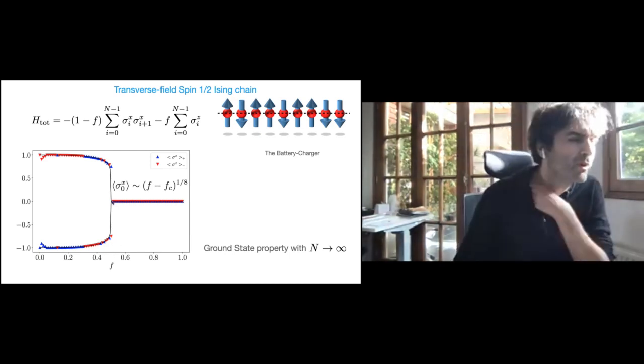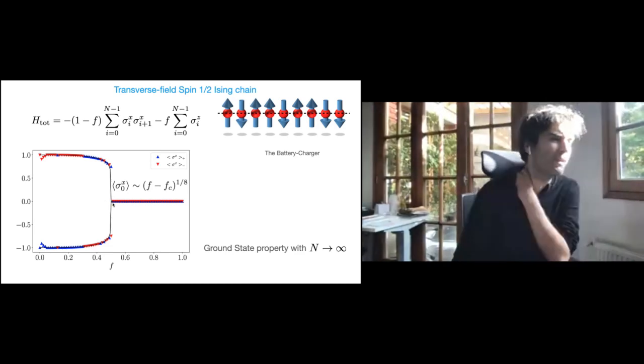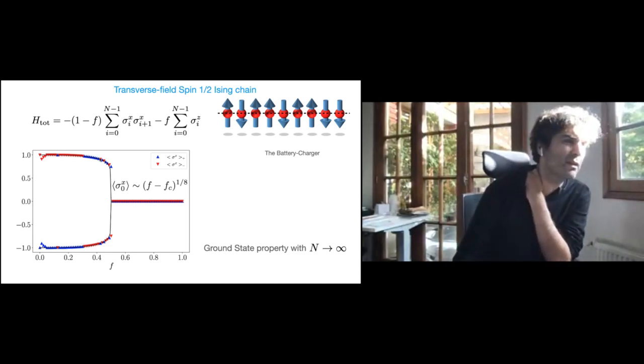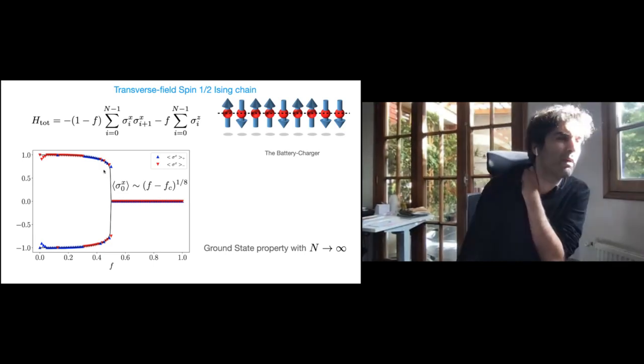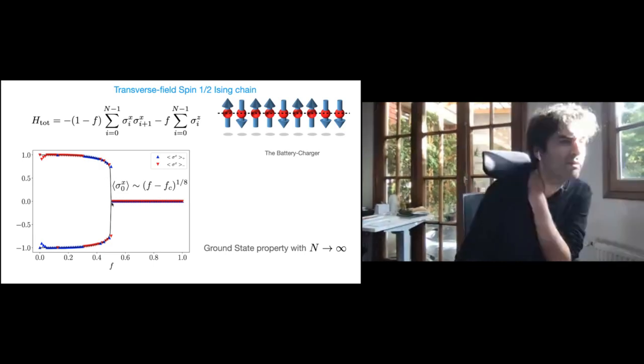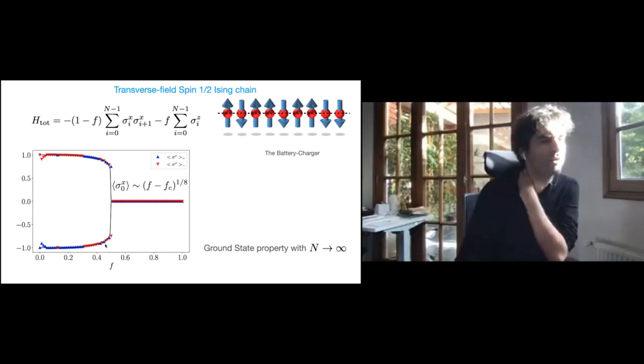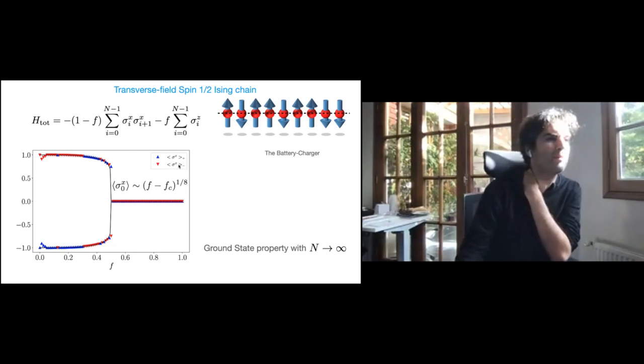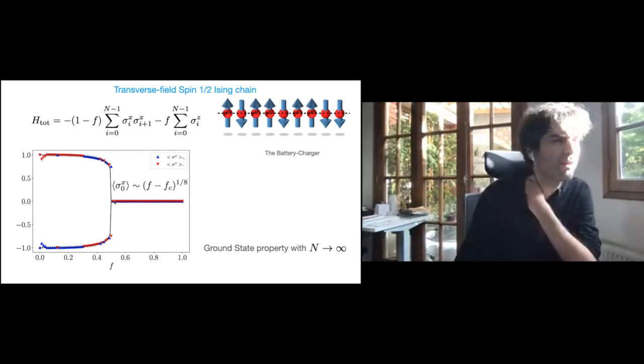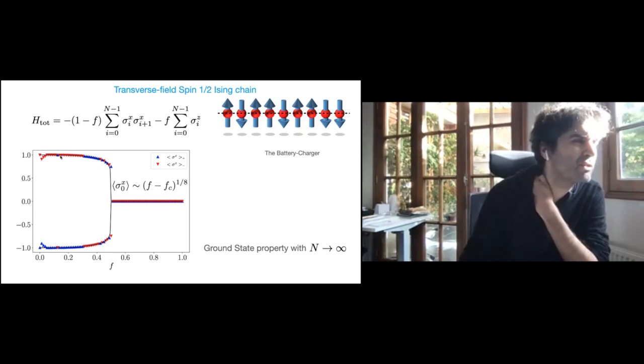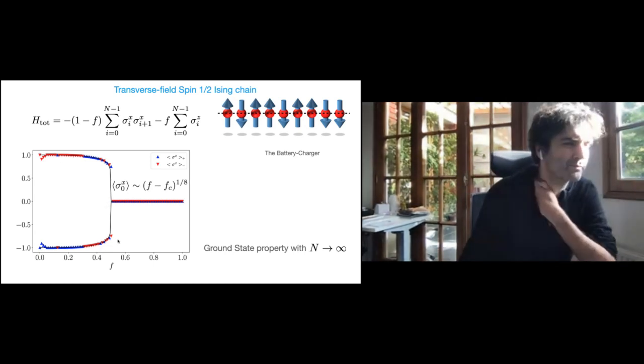And for values smaller than 1/2, it can take a positive value. So this is one ground state, or a negative value in the other ground state. So these are the plus and minus ground states. Please do not pay attention to the colors. Just follow the black lines.